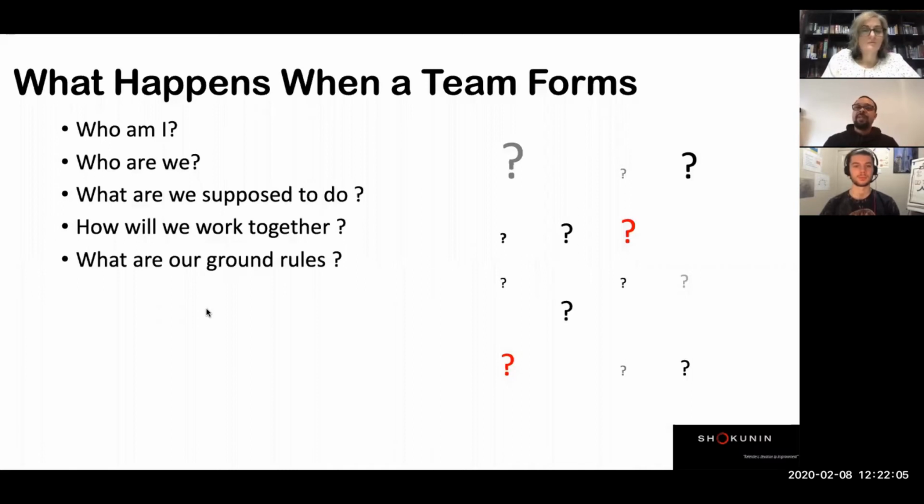It's kind of like, who am I? Who am I to this team? Who are we as a team? What exactly is our purpose? How do we fit in with the organization, or what are we supposed to do? How will we work together every single day? And are there rules? How should I interact with this person? How do I talk to this person?